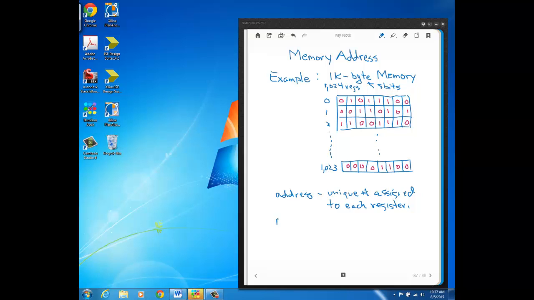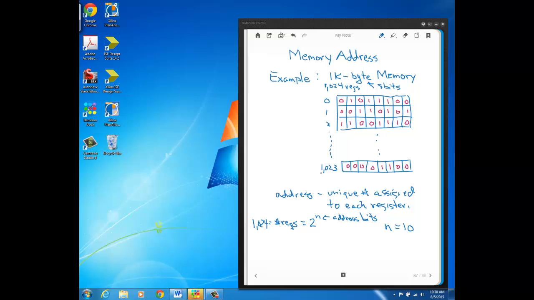So if we just take the number of registers, and set it equal to 2 to the n, well, n here will be the address bits. So if you take 1024 in our example and you solve for n, you'll see that n comes out to 10, that we need 10 address bits.